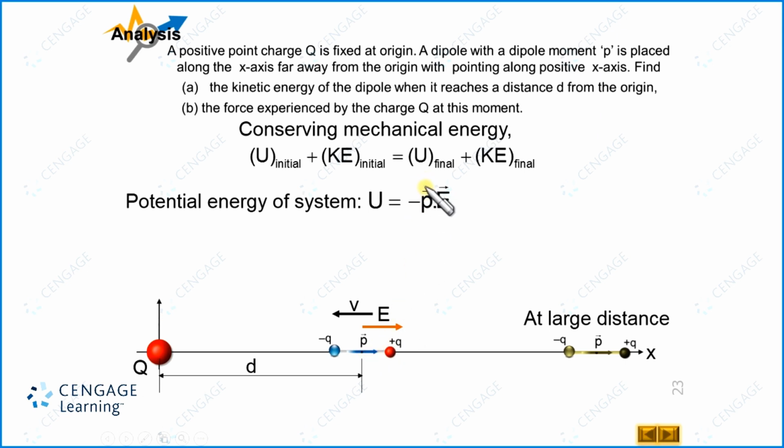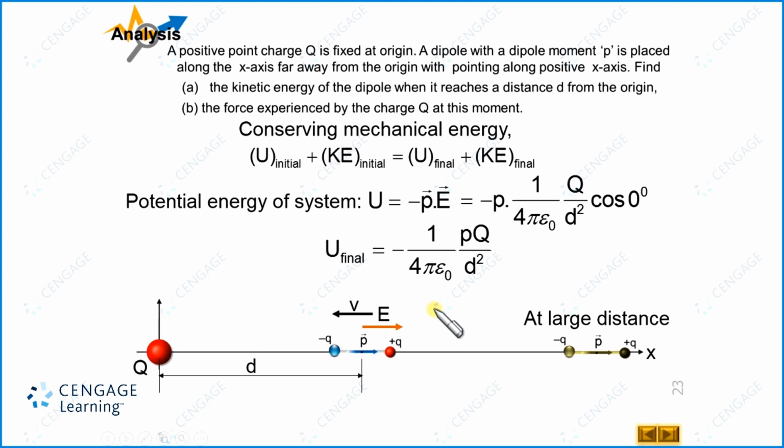That means we can write this dot product as minus P multiplied by the magnitude of E, which is equal to 1 upon 4 pi epsilon naught Q divided by D square, multiplied by cos 0, because the angle between the P and E vectors is 0 degrees. Now we can further rearrange. We can now write U final equal to minus 1 upon 4 pi epsilon naught PQ divided by D square. This is the final potential energy.